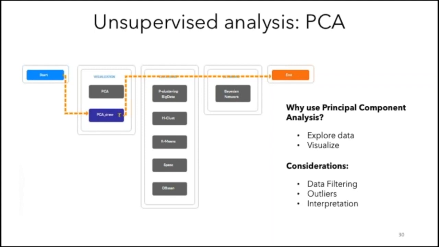And let's take a look at the first method, principal component analysis. This is just a method for visualizing the data. For example, imagine that we have only two genes. So each sample is associated with two numbers, expression of the first gene and expression of the second gene.